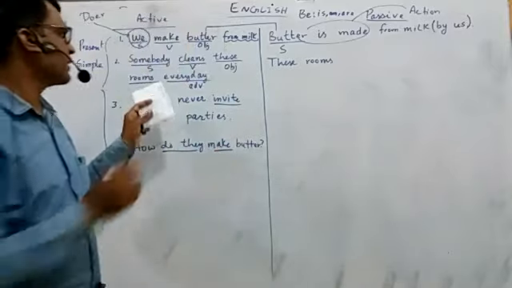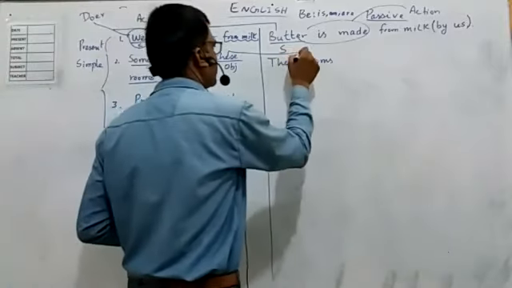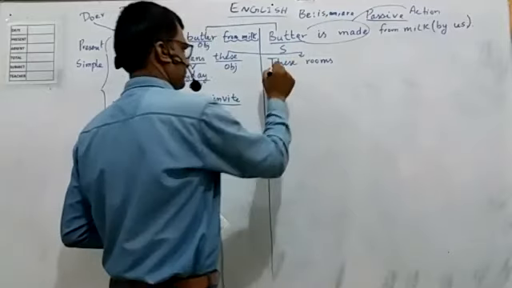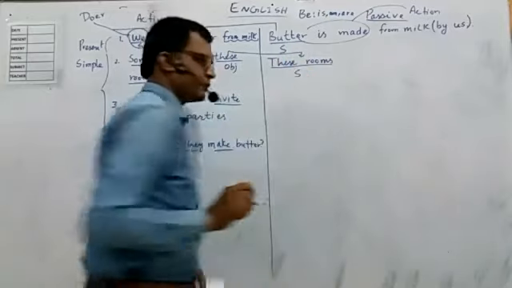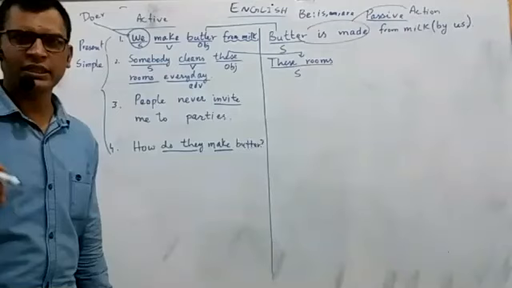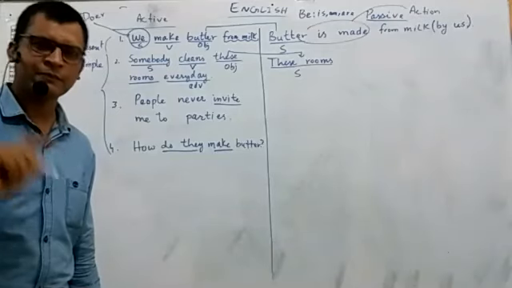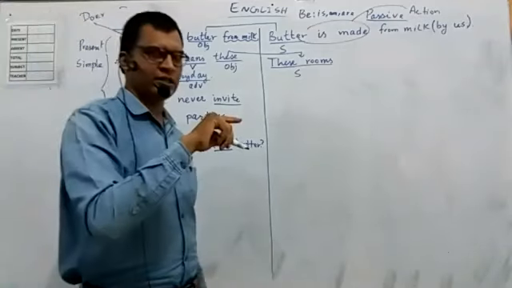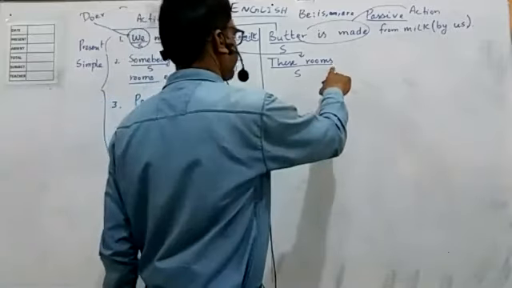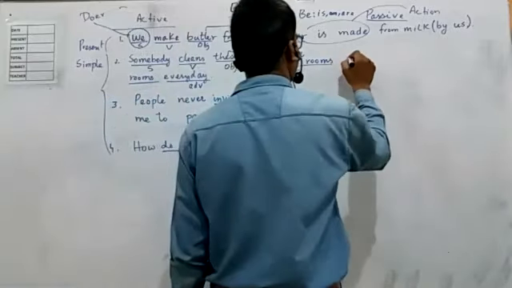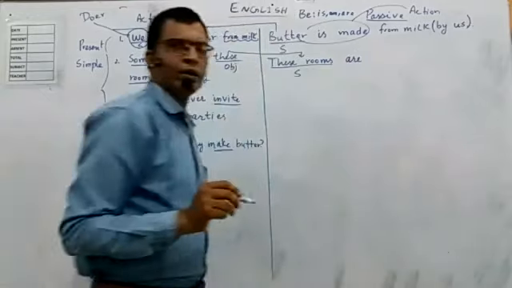Now the object is changing into the subject. Because it is again present simple tense and it is a plural subject, "rooms," therefore we will use "are."